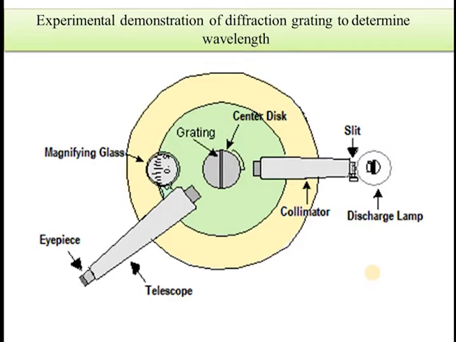So I have mentioned right in the beginning that diffraction grating is used to determine the wavelength of the light, and the experimental arrangement is the spectrometer. And this is an experiment that you are going to do in your second year physics lab. That is how you are going to determine the wavelength of light using a grating.